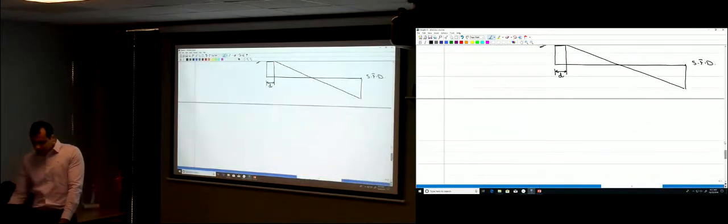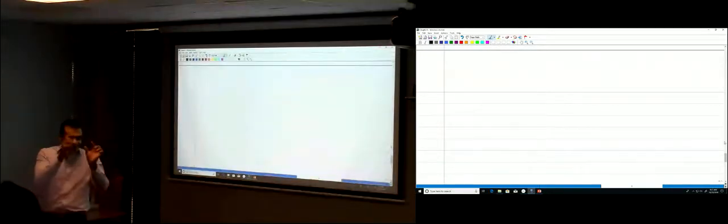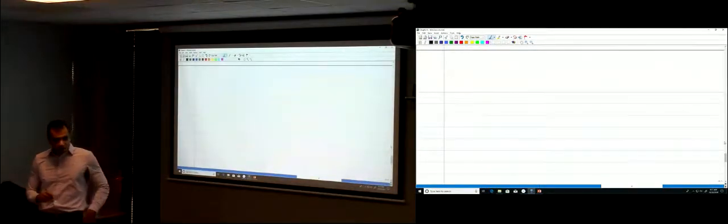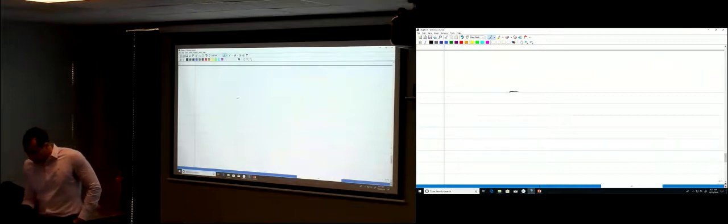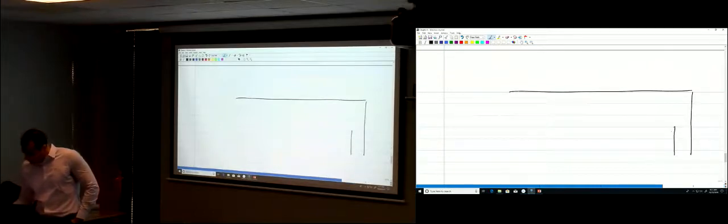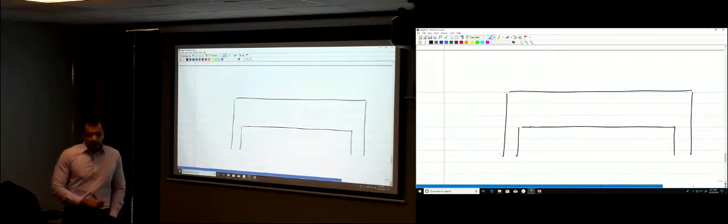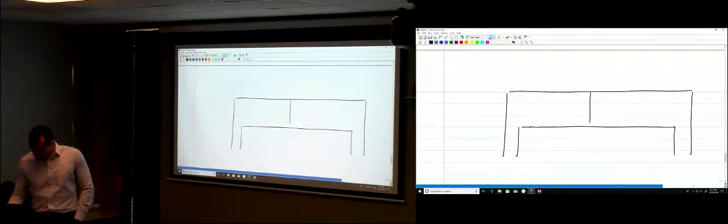Actually, your beam doesn't look like this. It's not a line, and the support is not that thing that we draw, right? The beam looks like this. It has a section, and the support is a column, like this. So d is the depth of the beam, right?